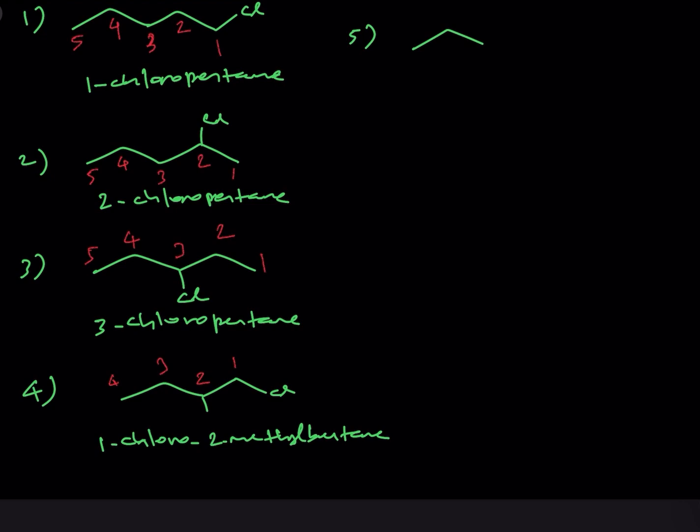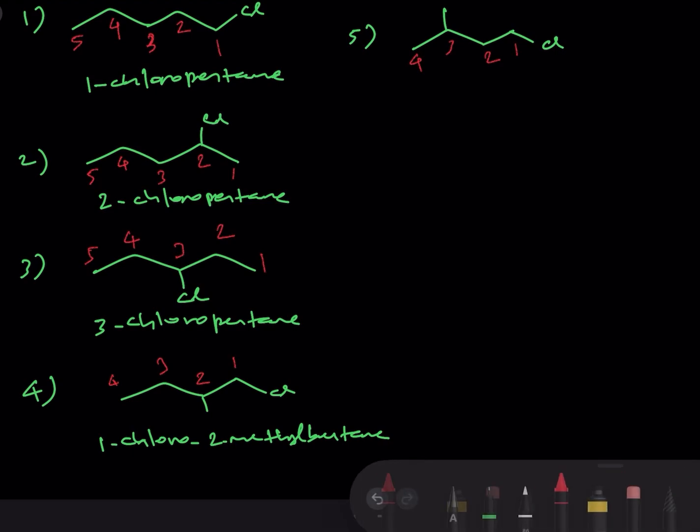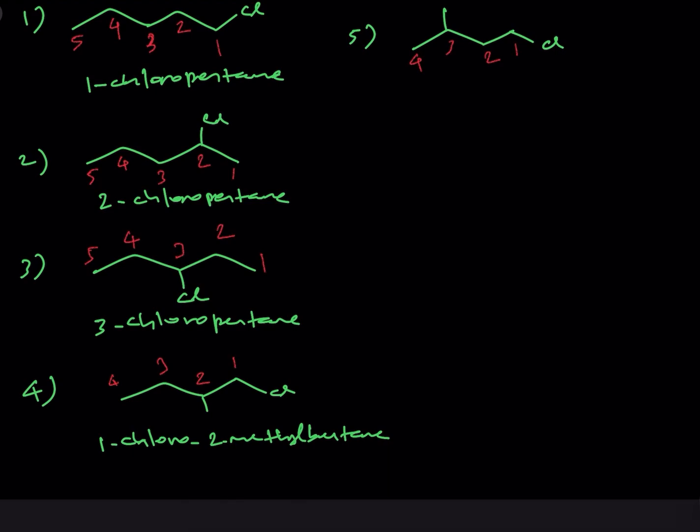1, 2, 3, 4 and then the carbon chlorine bond and then 1 methyl group at 3 position. Yeah. 1, 2, 3, 4. So, we have 1-chloro-3-methylbutane.